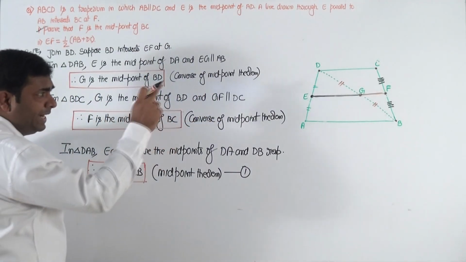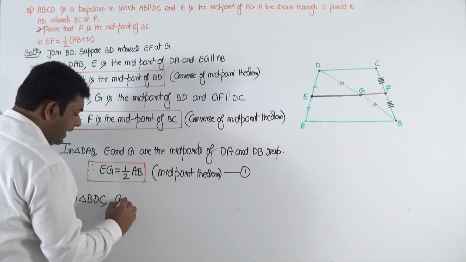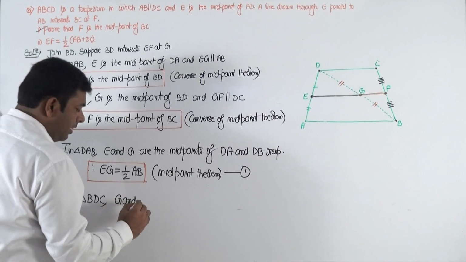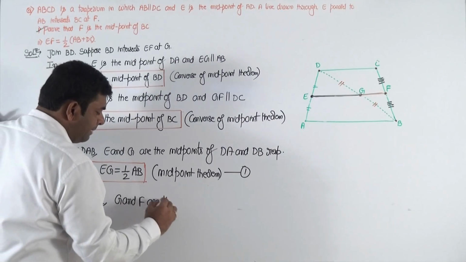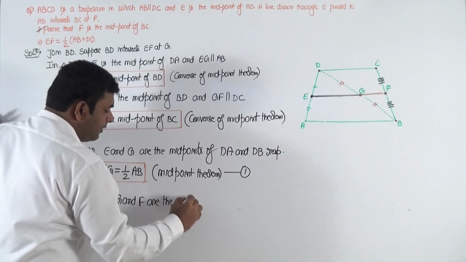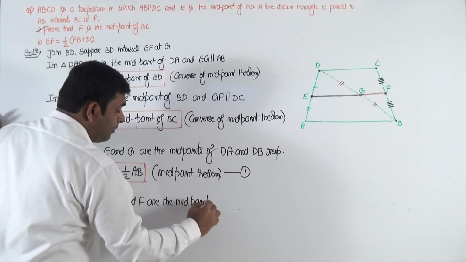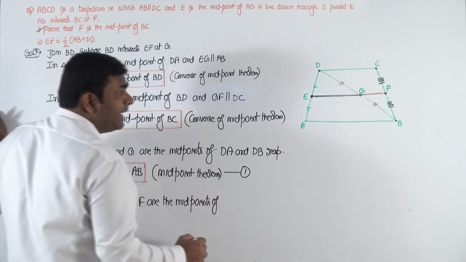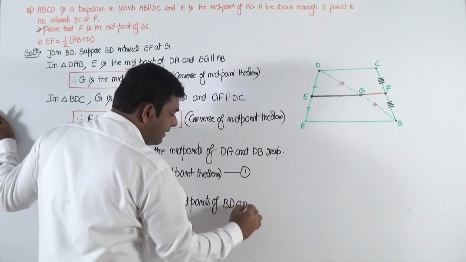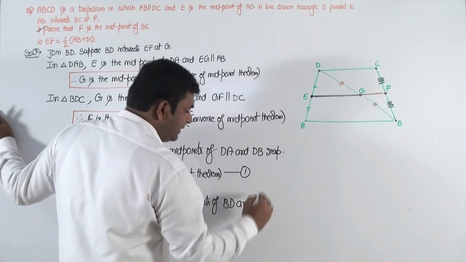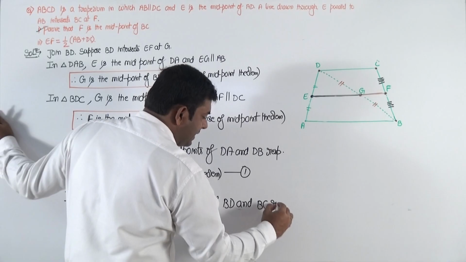In triangle BDC, G and F are the midpoints of, किस का midpoint है? BD and BC respectively.